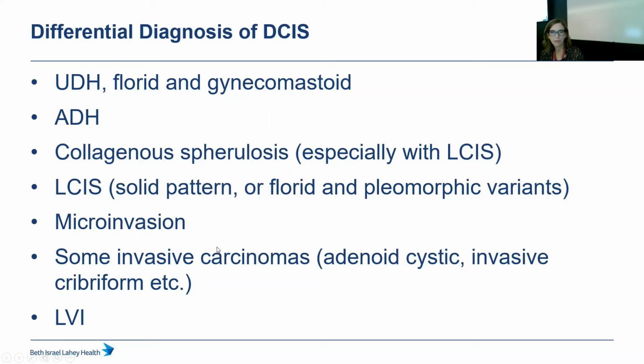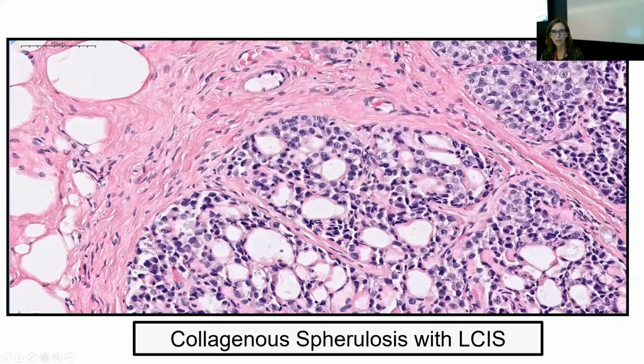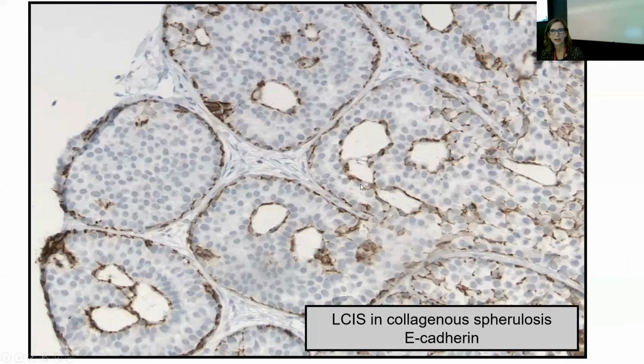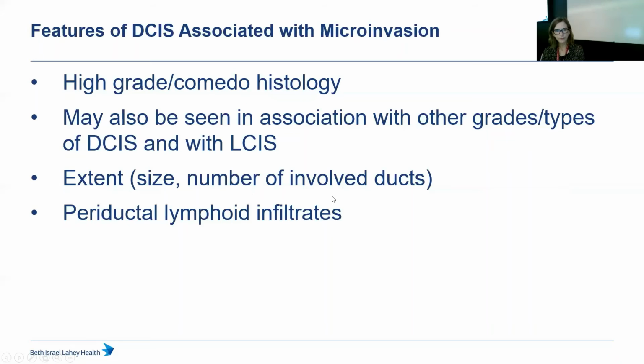And then there are some invasive patterns of carcinoma that can mimic DCIS, such as adenoid cystic carcinoma, invasive cribriform carcinomas, or even some solid papillary carcinomas. And then LVI can also be a mimic. Here is a picture for the handouts showing LCIS and collagenous spherulosis, which can be a mimic. Again, I'll let Eddie focus on that tomorrow.